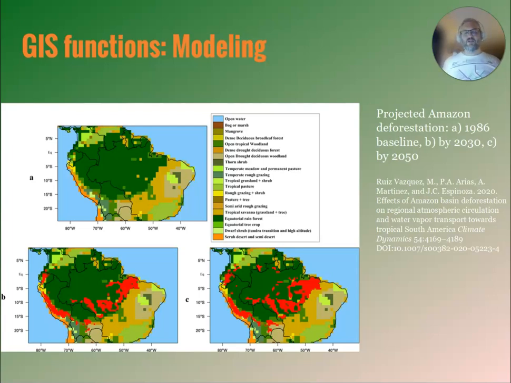And then the last and kind of most complicated thing you can do is modeling. So if you have a process that you're interested in that operates over space, and you have an explanation, a theory as to how it works, you can build a computer model using GIS that will run through that process to predict what would happen.